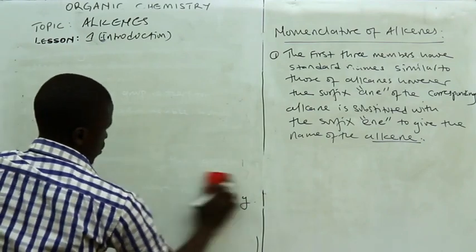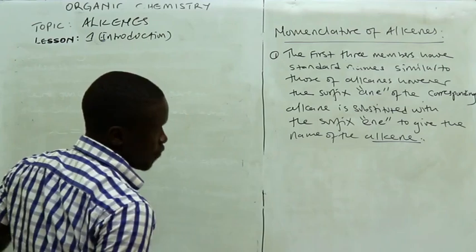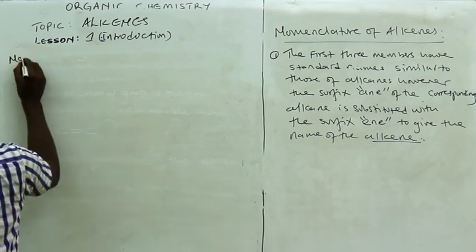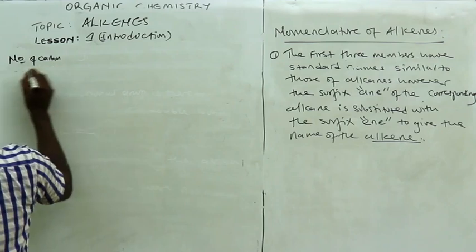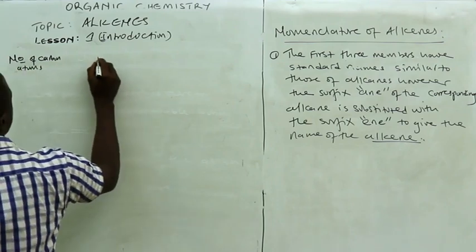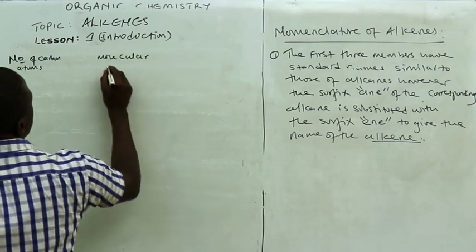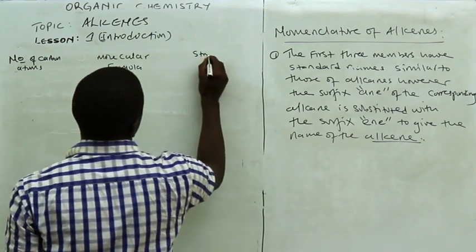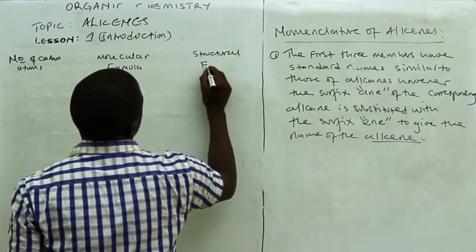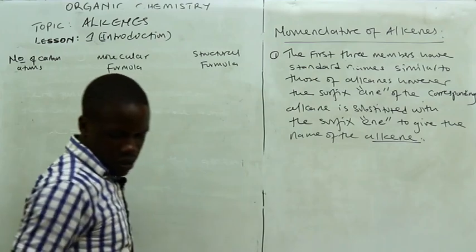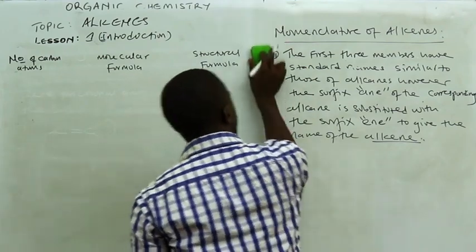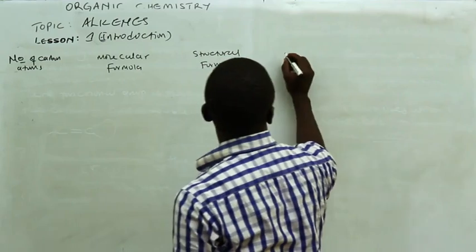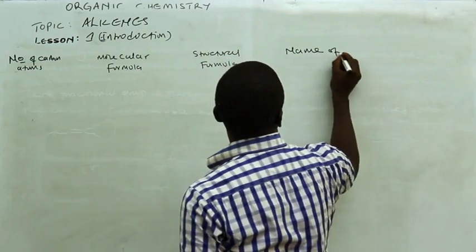I can put the number of carbon atoms, and then the molecular formula, and then I can put the structural formula, and finally, I can put the name of the alkene.